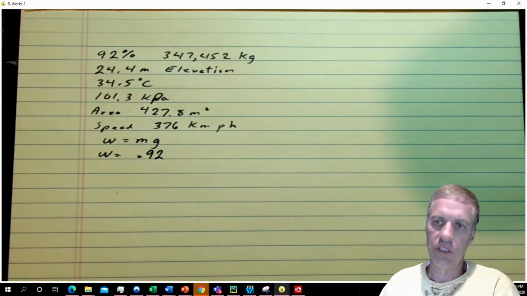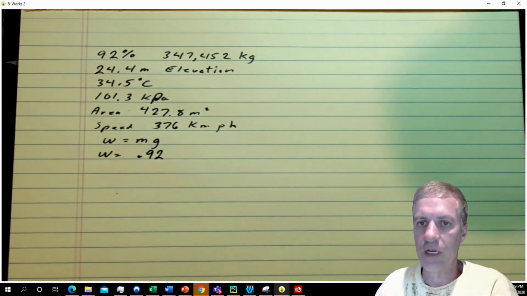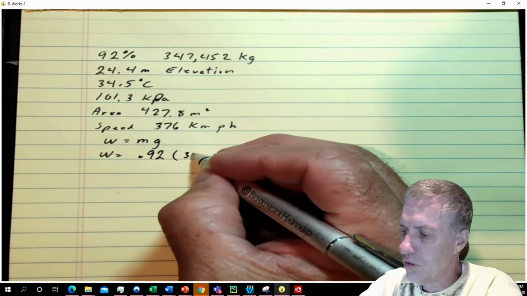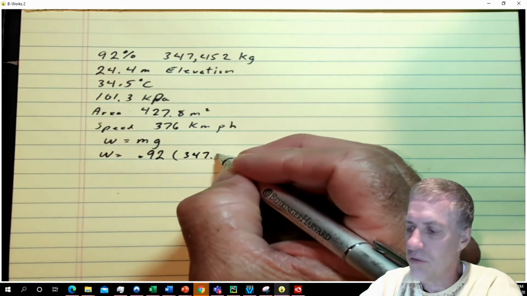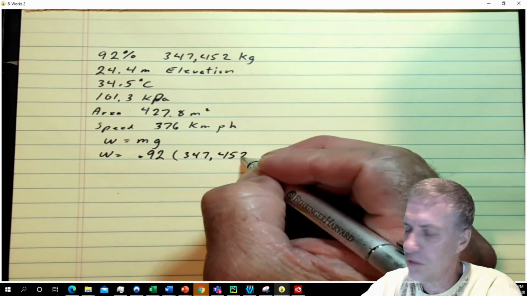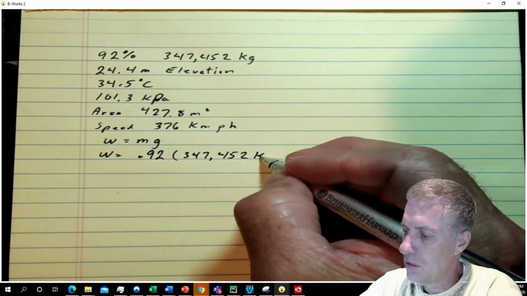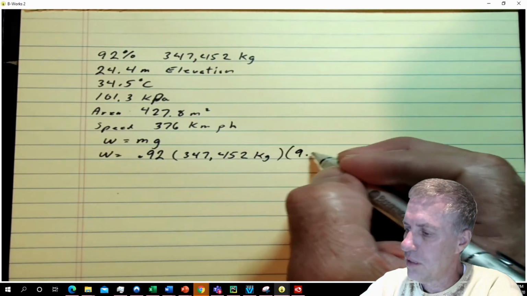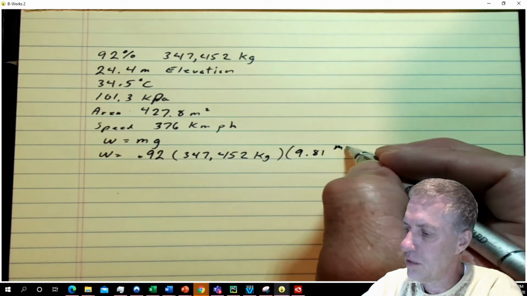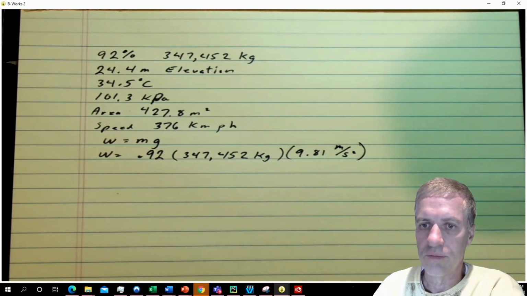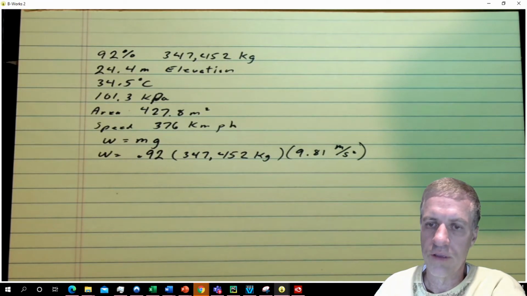We change a percent to a decimal by dividing by 100, so we get 0.92 times 347,452 kilograms times 9.81 meters per second squared. All right, so take a minute, work that out, and see what you come up with.